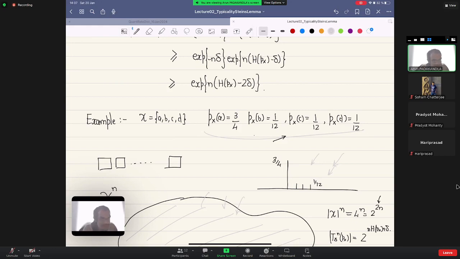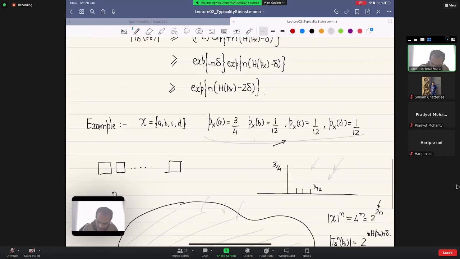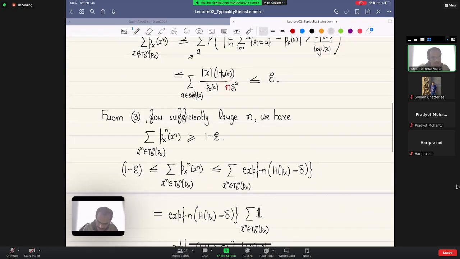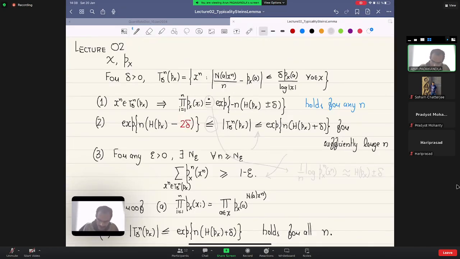See, one more interesting thing is the following. If you see this lemma, this lemma is actually very thought-provoking. What is the first statement saying? The first statement is saying that each sequence in that typical set is almost equally likely.